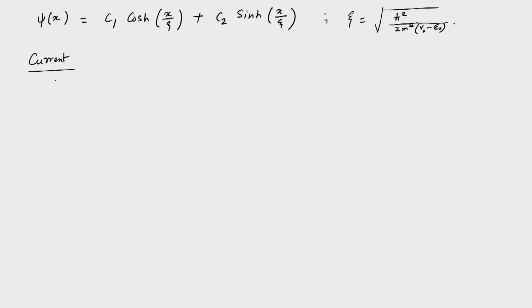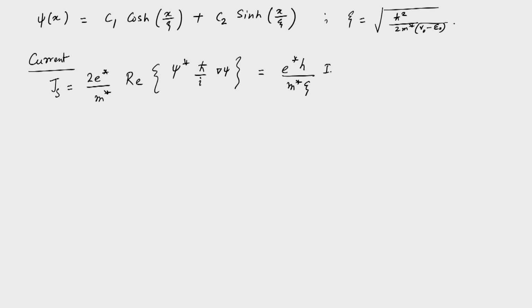That can be written in a compact form as 2 e star over m star times the real part of psi star h cross by i grad psi, which means d psi dx. If you compute it, it becomes equal to m star psi times the imaginary part of C 1 star C 2.